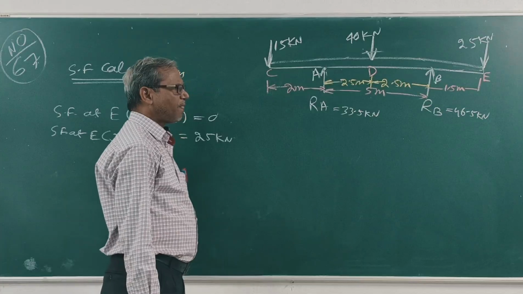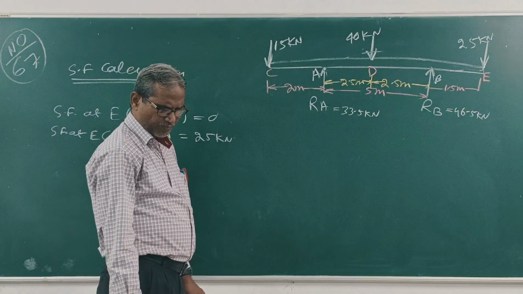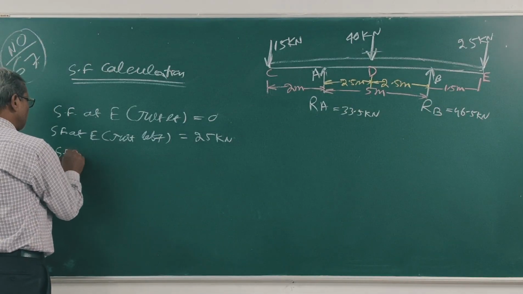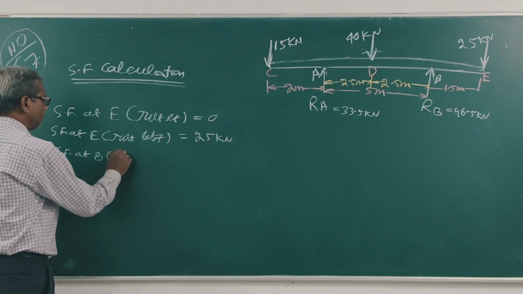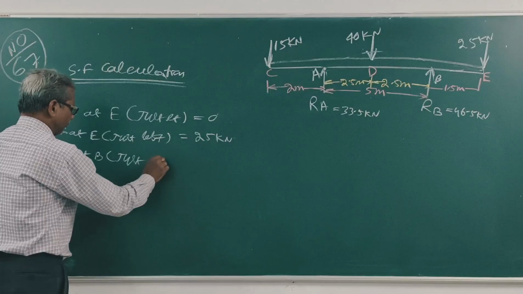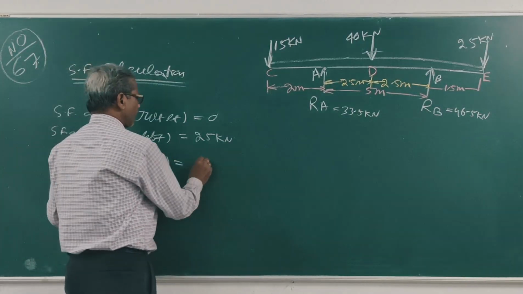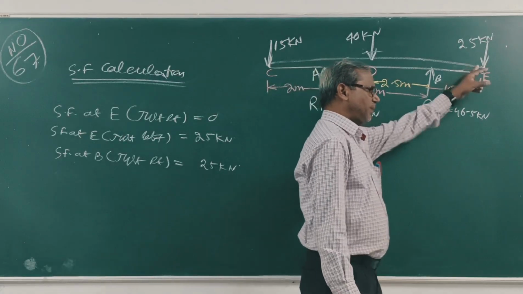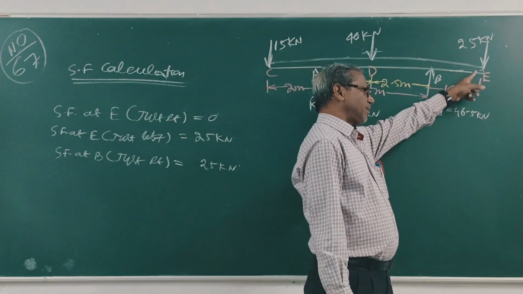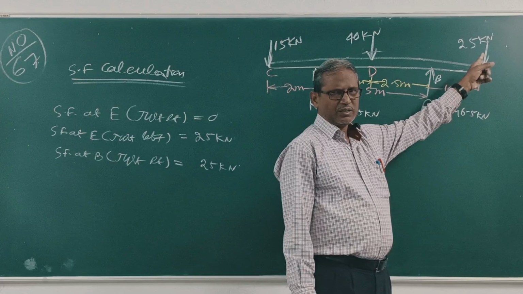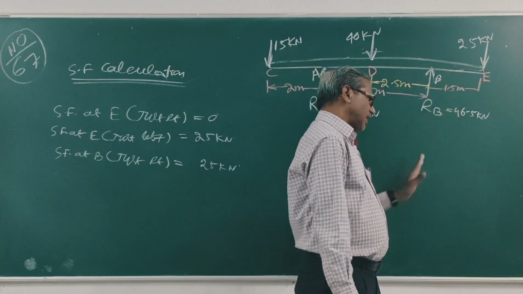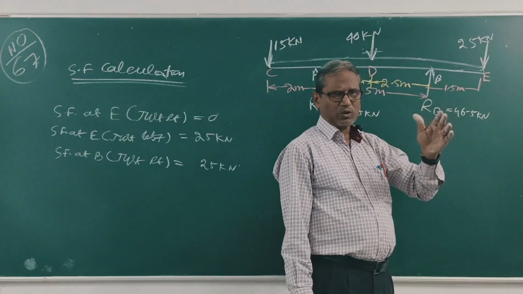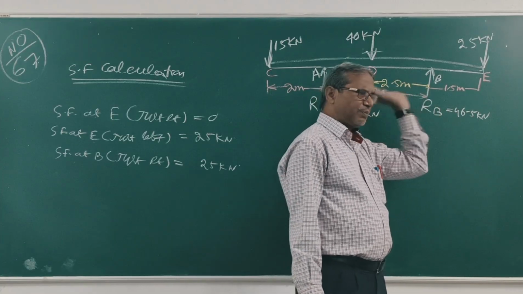At B just right, the shear force is the same, 25 kilonewton, because between E and B there is no load. At B, the upward reaction is 46.5 kilonewton.